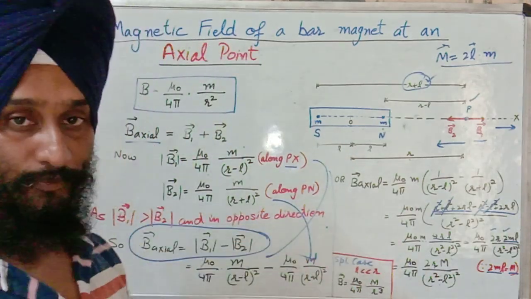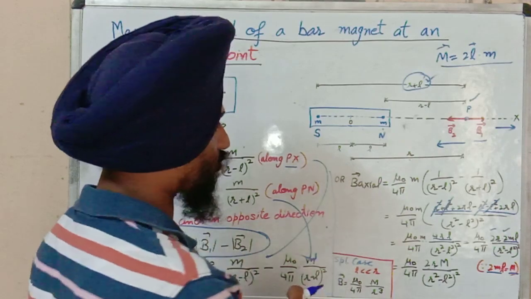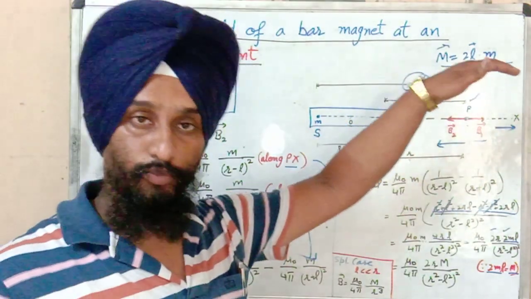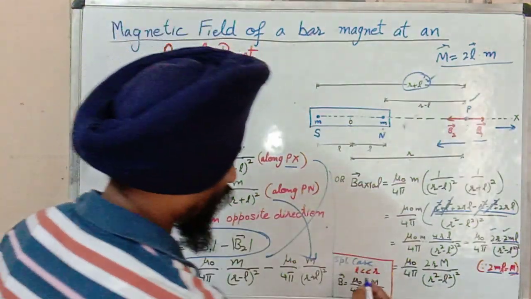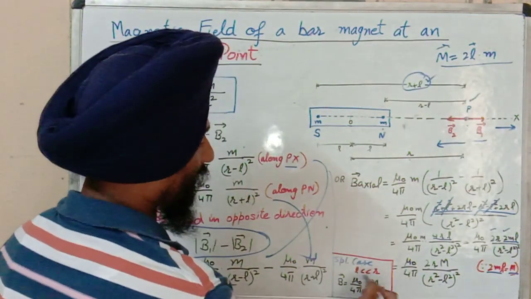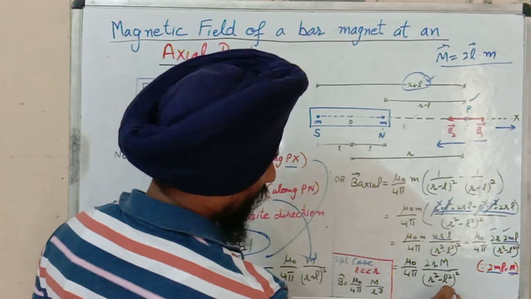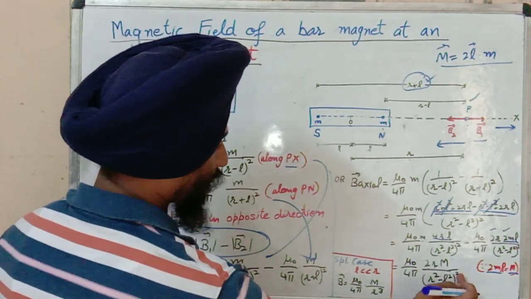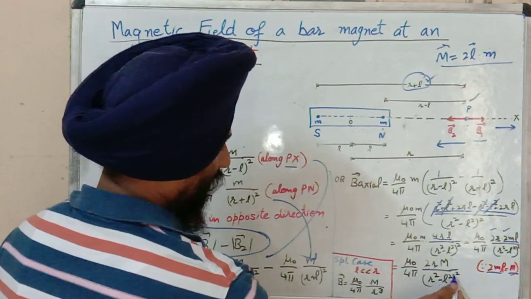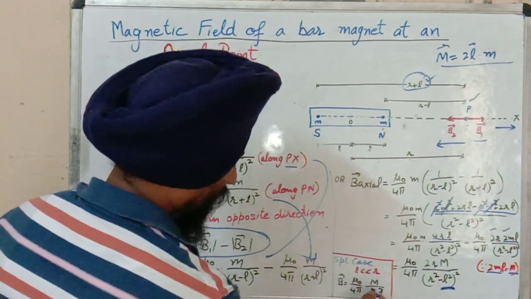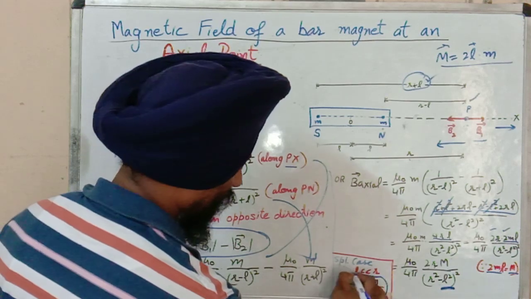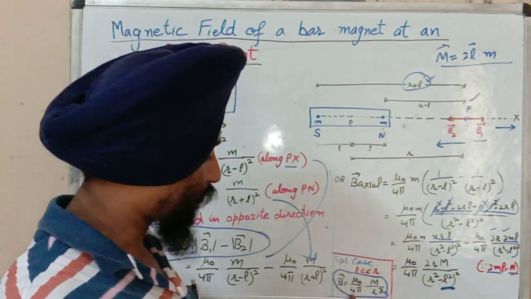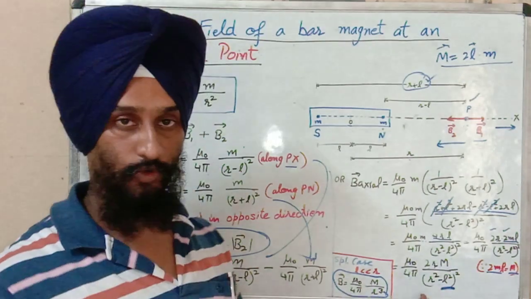Now for short dipoles, if this dipole is very short as compared to the distance of the point of observation, then we have L very much less than r, and we can neglect this L square. So by neglecting this it becomes r to the power 4, and by cancelling and calculating we get B equal to mu naught upon 4 pi, m upon r cube.